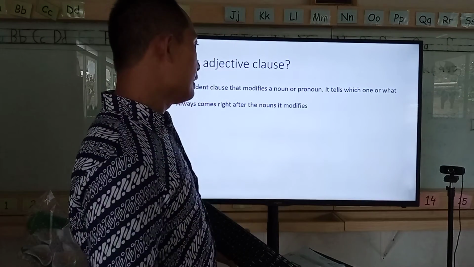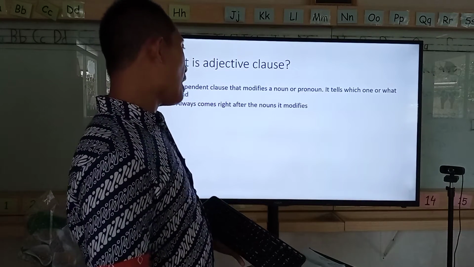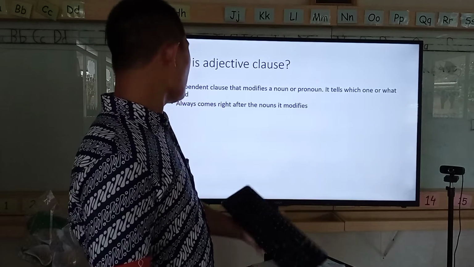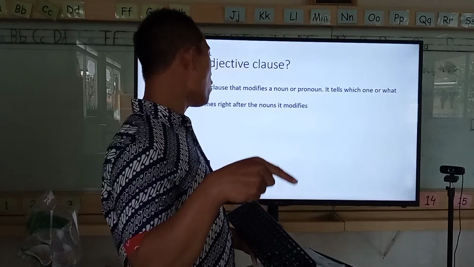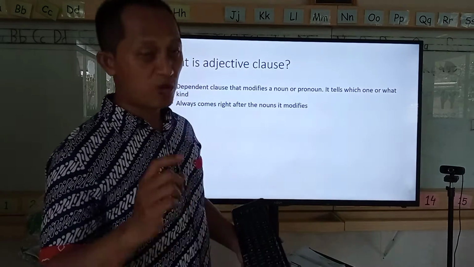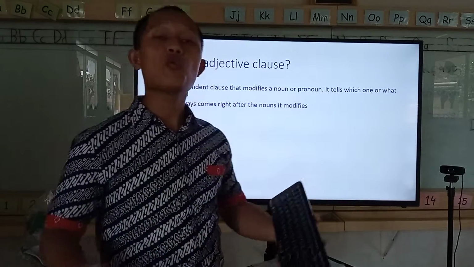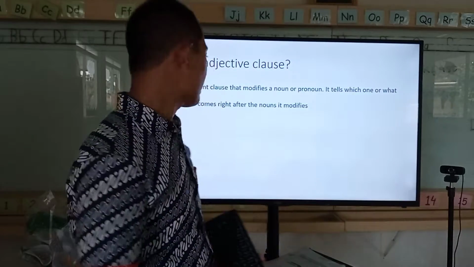An adjective clause defines or modifies a noun or pronoun. It tells which one or what kind.